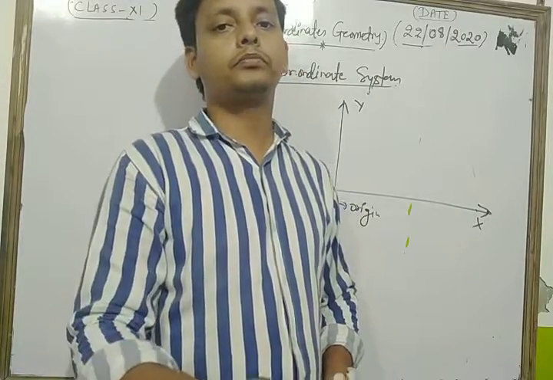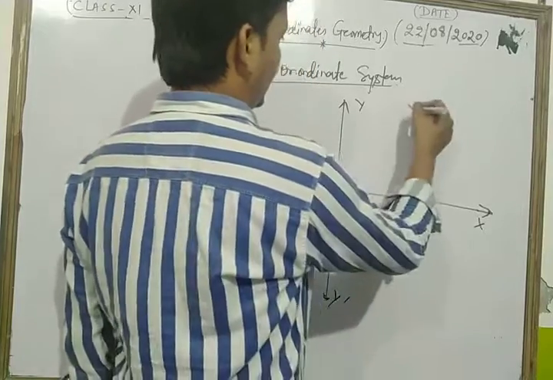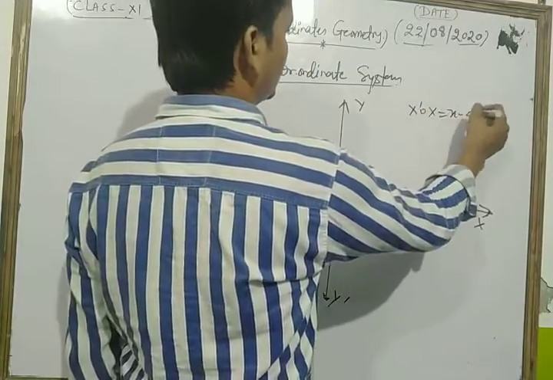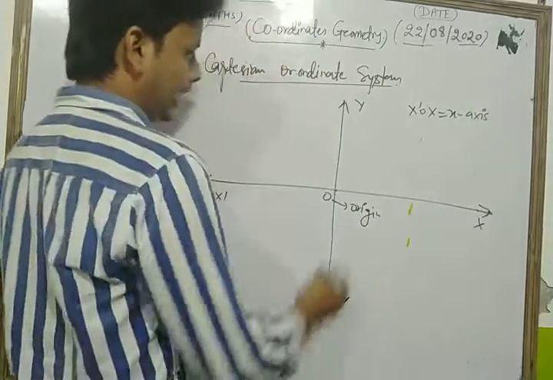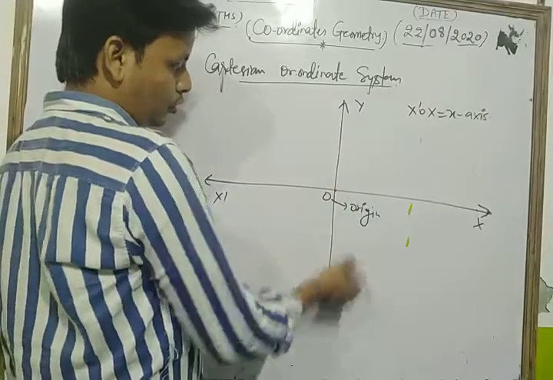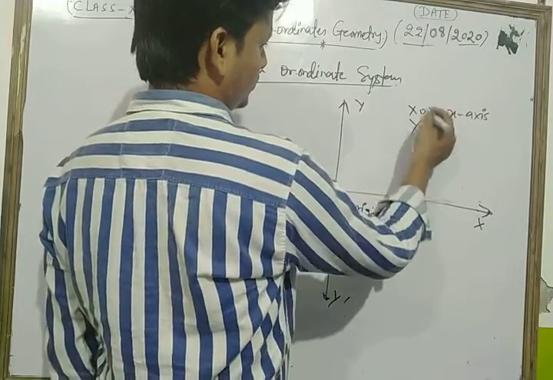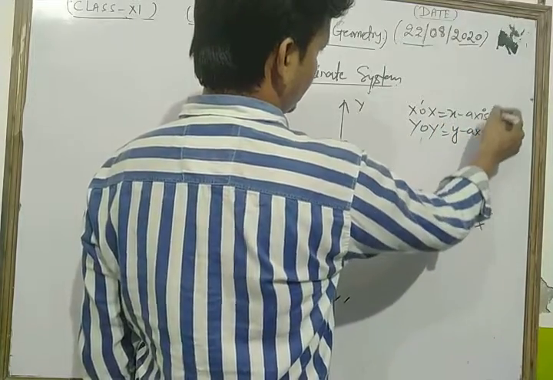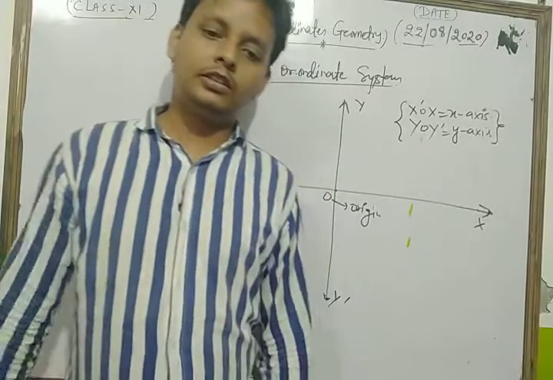In that system, the line x dash O x is known as the X axis, and the line y O y dash is known as the Y axis. Is it clear?